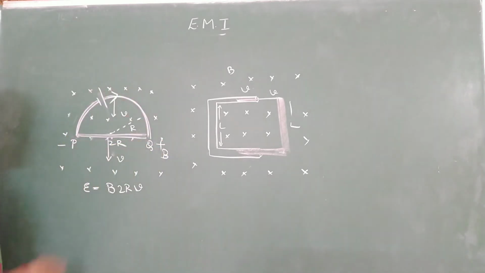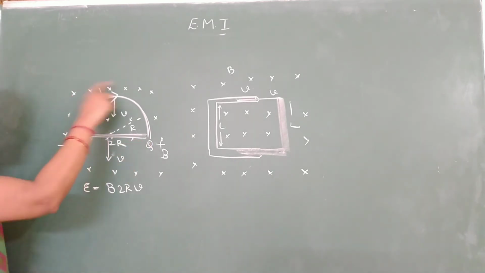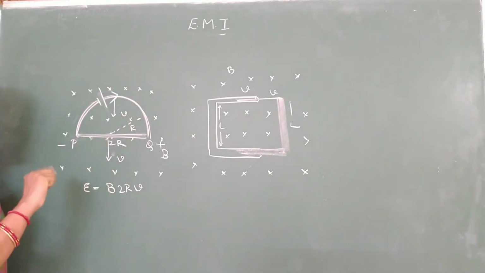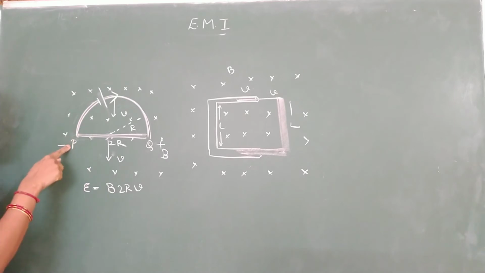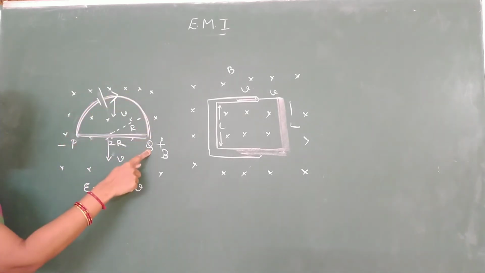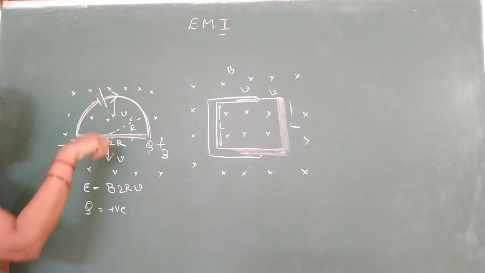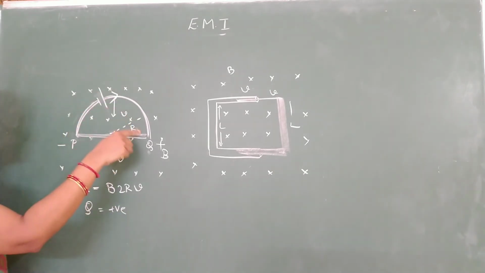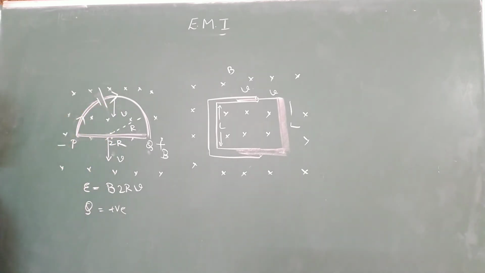Just because current is flowing from P to Q, don't give P as positive and Q as negative. Inside the battery, current always flows from the negative terminal to the positive terminal, because this loop itself behaves as a battery. So P is negative, Q is positive. That's why always cut the conductor after getting the direction of current; current always flows away from positive towards negative.